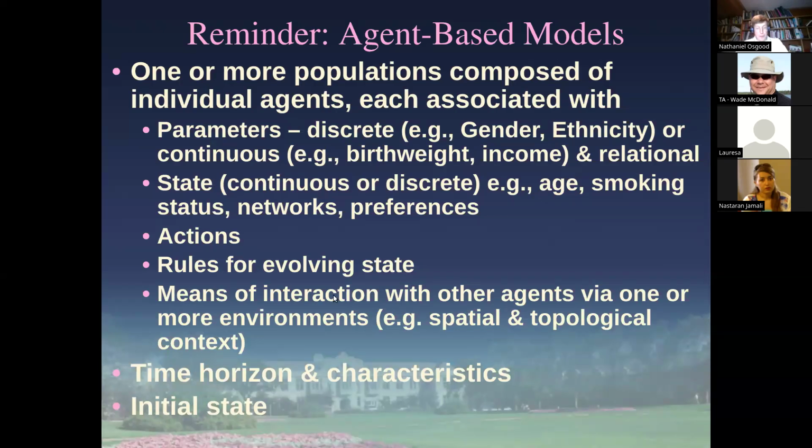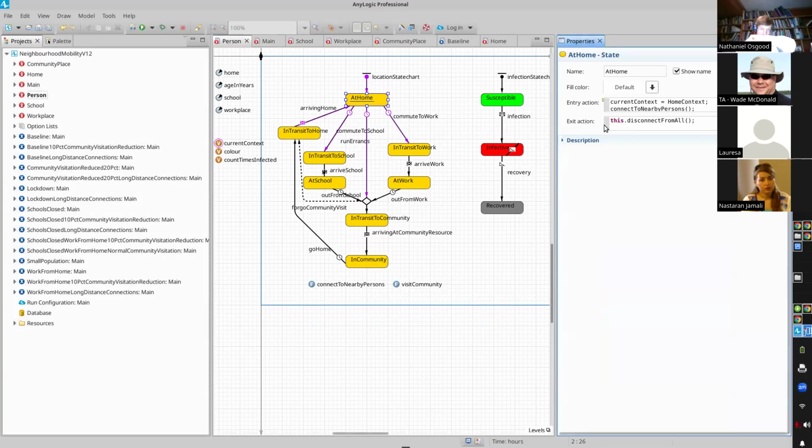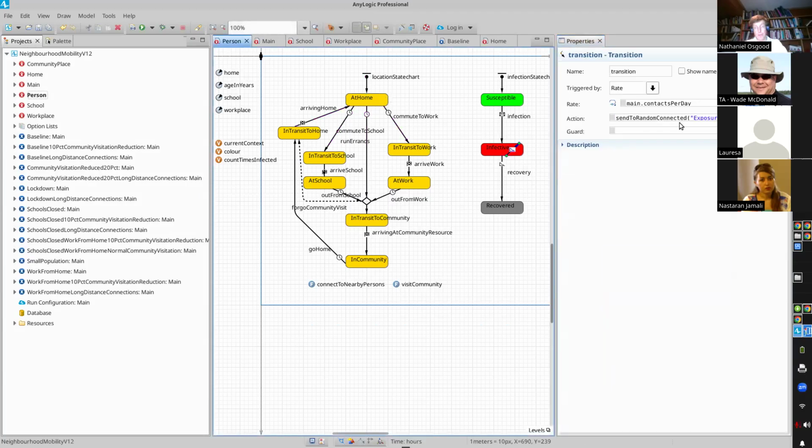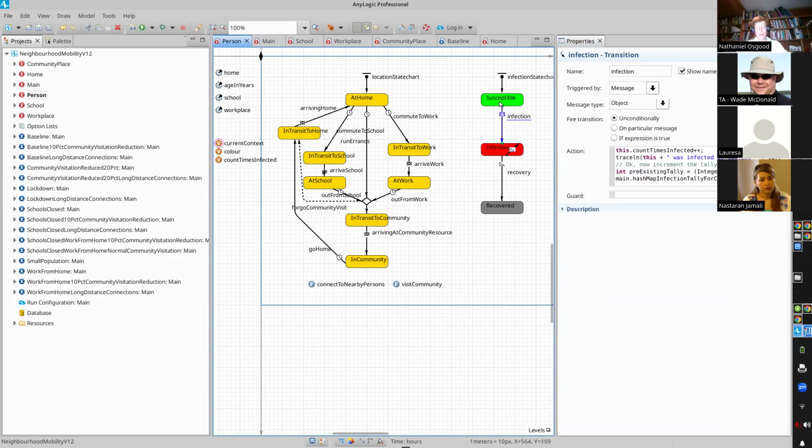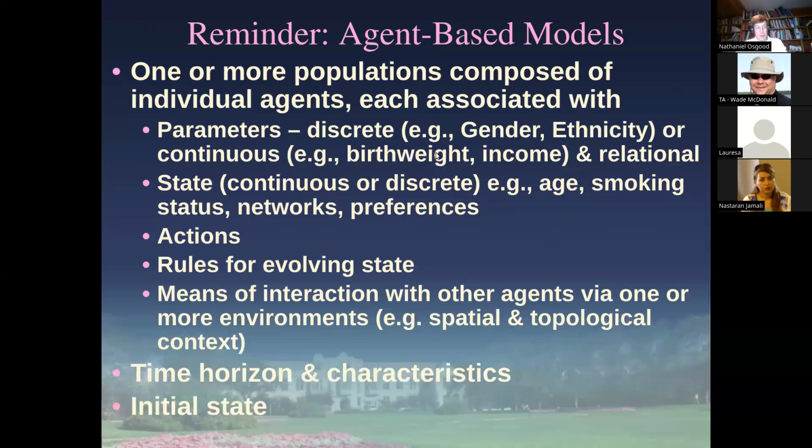So there's means of interaction. That connection then means when one's infected, they'll send what are called messages, saying, hey, you're exposed. Hey, I've exposed you to COVID or what have you. And if a person receives it who's nearby, they will get infected and move from this to this. So there are these means of interaction. In this case, it's networks.